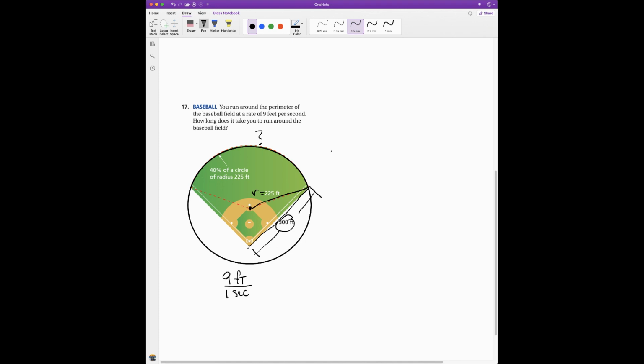So can you find the circumference? Okay, so calculate the circumference of this entire circle. And then when you're done, we need to remember what "of" means in math, and we want to find 40% of this circumference. So we want to find 40% of the circumference is something.